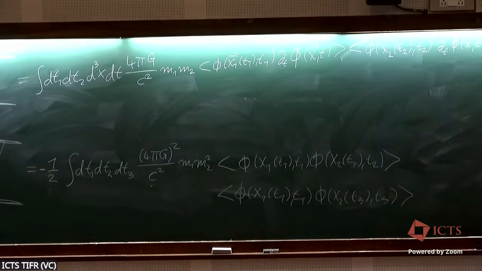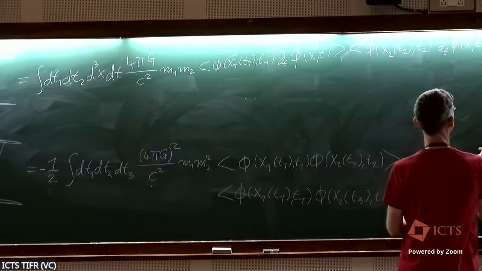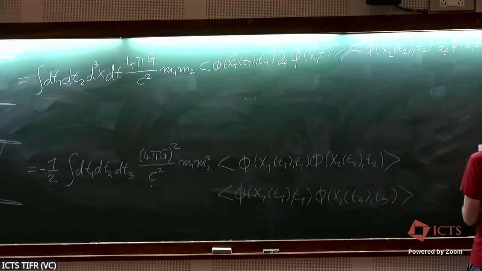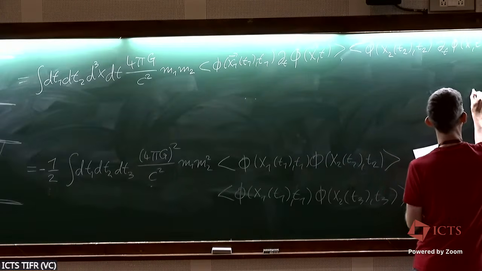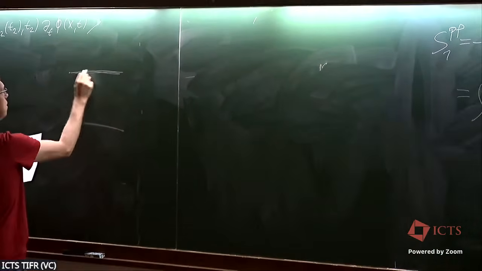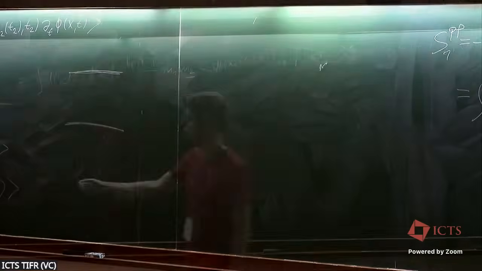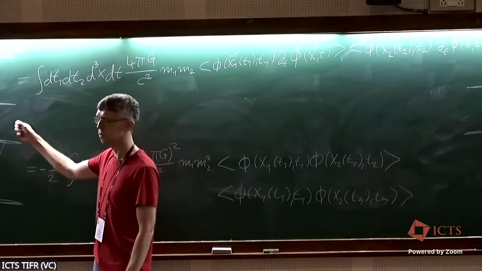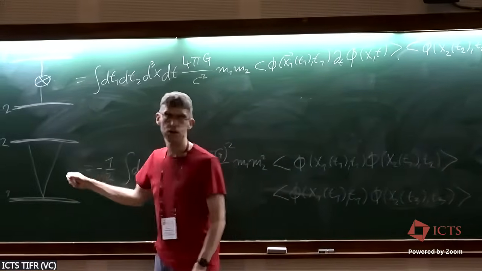Now, just to conclude this discussion, let me give you some remarks. There is another diagram, because here we always need to flip things. We have to flip worldline 1 and worldline 2.